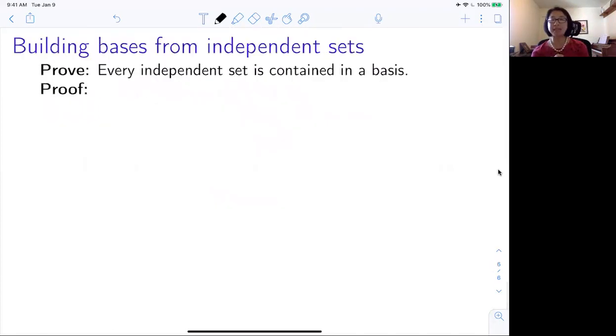Okay. And then finally, we can build a basis from any independent set. So every independent set is contained in a basis. Let's see why this is true.